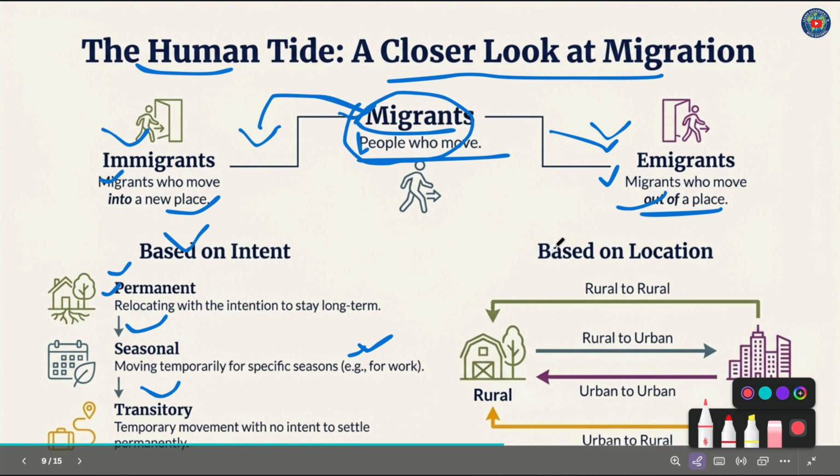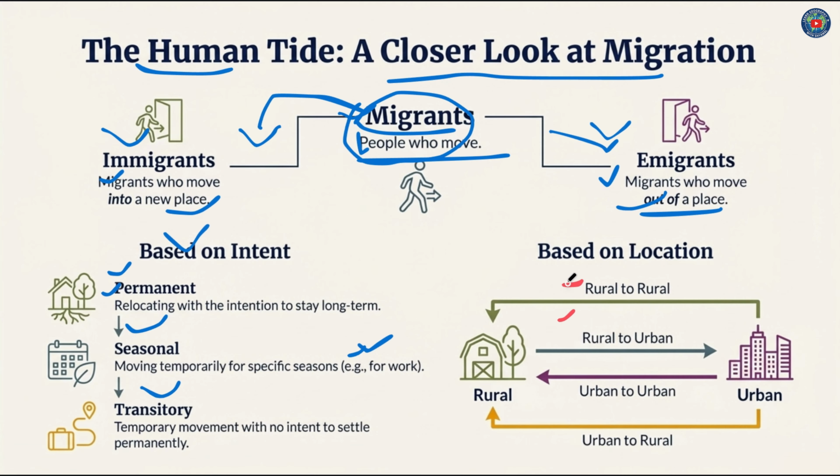Okay, based on location, migration may be of four types: rural to rural, rural to urban, urban to urban, and urban to rural. Rural to rural means population movement from one rural area to another rural area. Rural to urban means population movement from a rural area to an urban area. Urban to urban means population movement from one urban place to another urban area for better prospects.